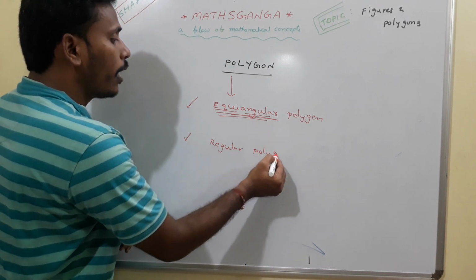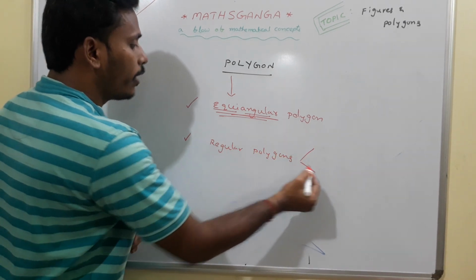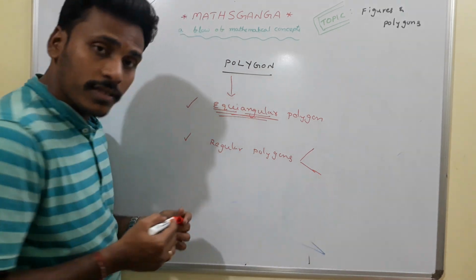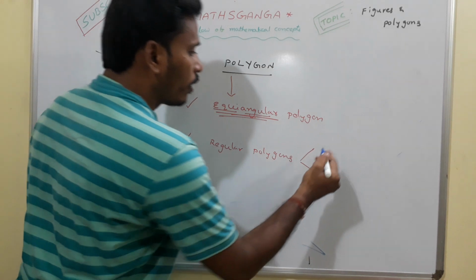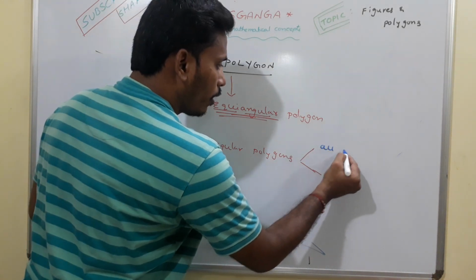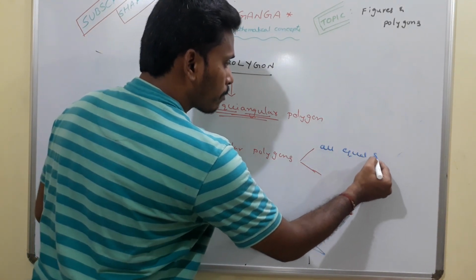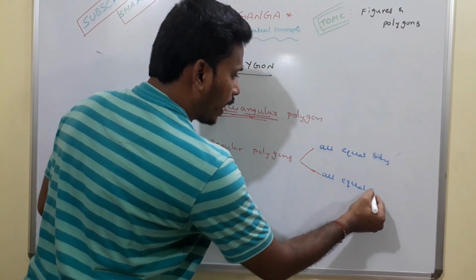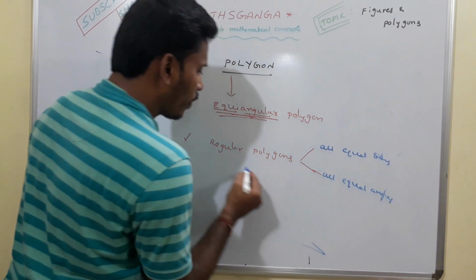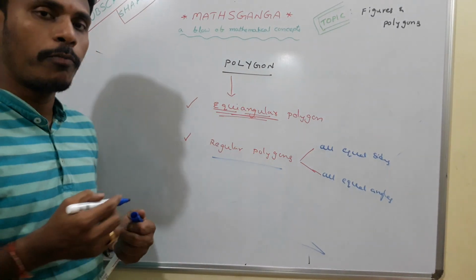Regular polygons means a polygon in which all sides are equal as well as all angles are equal. So a regular polygon means all equal sides and all equal angles. Okay, so this is another classification of polygons.